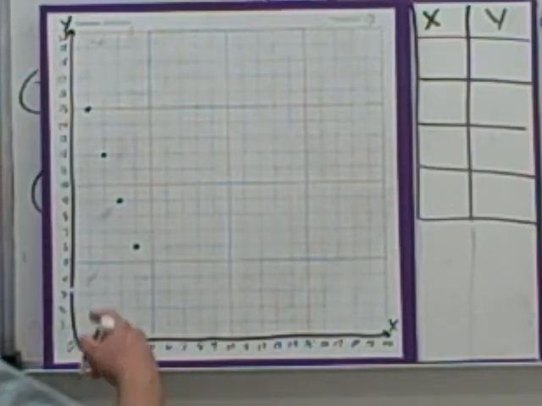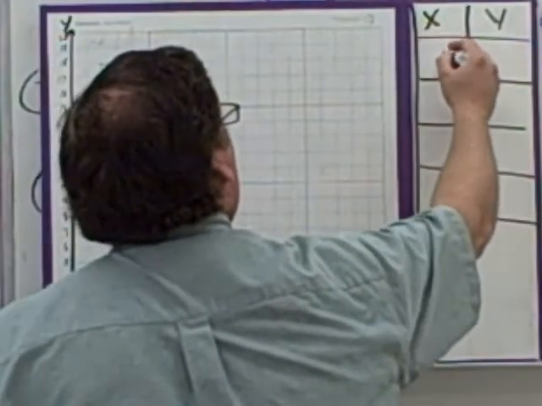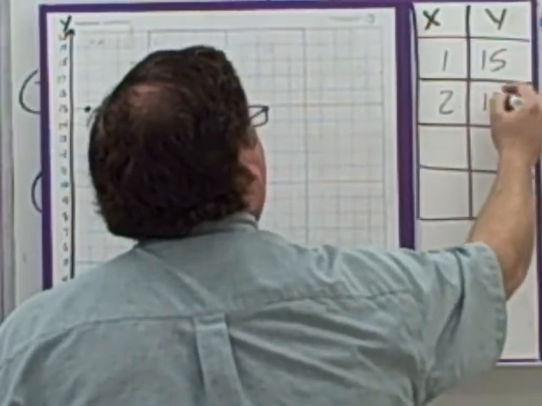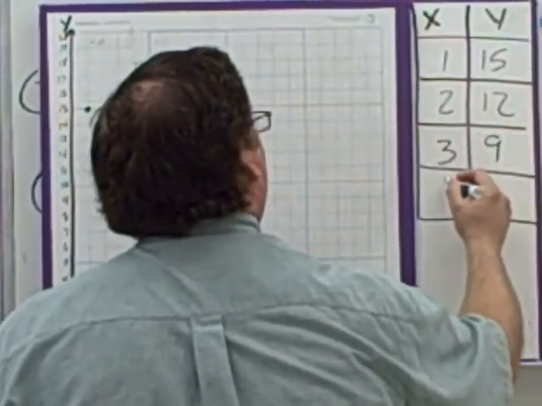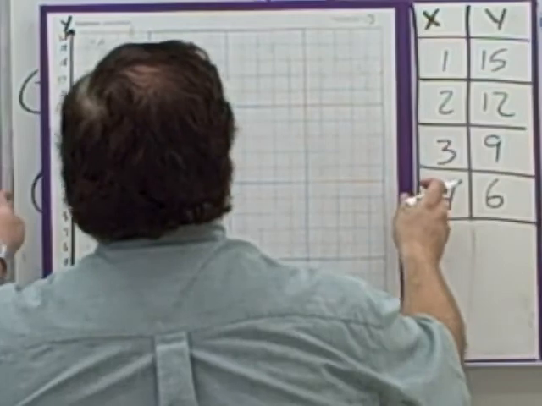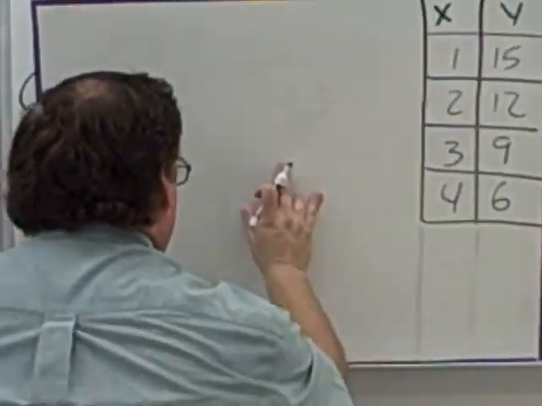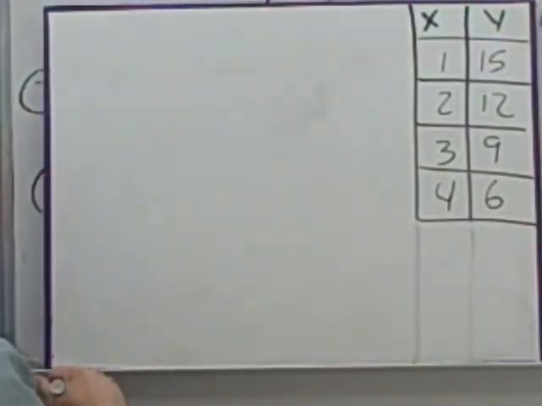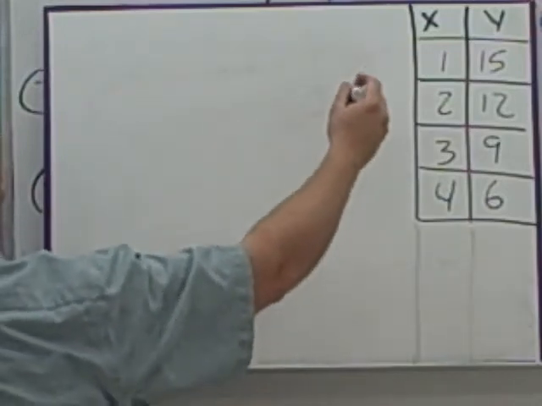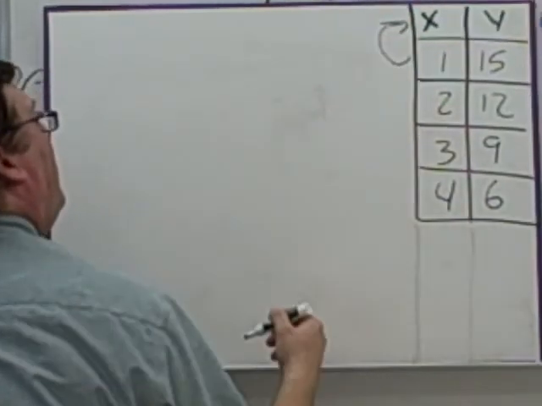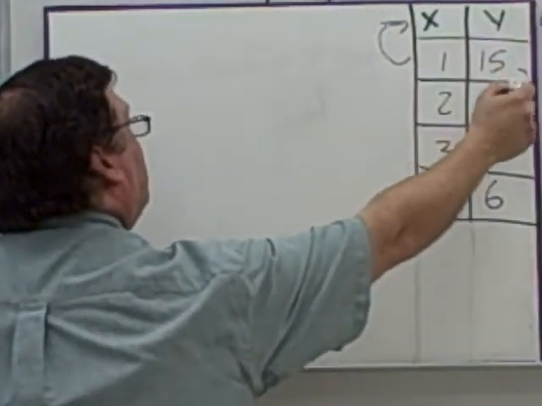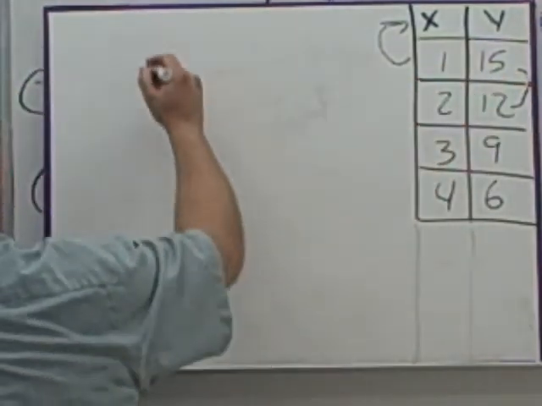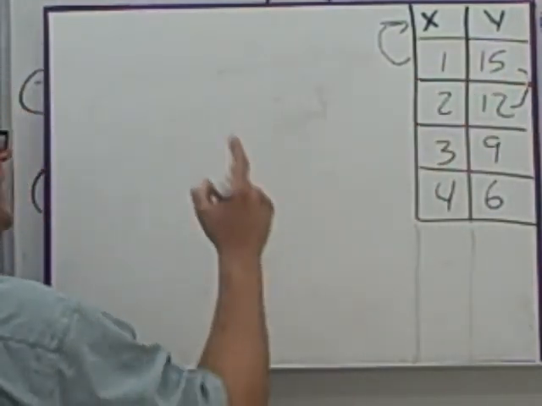Welcome back. All right. We're going to plot those points in. 1, 15, 2, 12, 3, 9, 4, 6. We no longer need the graph. Now we can work with just the table. First, the zero term is going to be 1 back from there. The common difference is going to be the 12 minus the 15, which means we're actually going down.